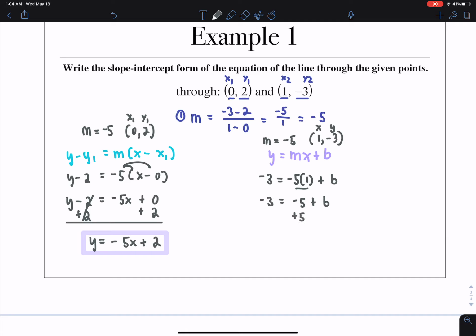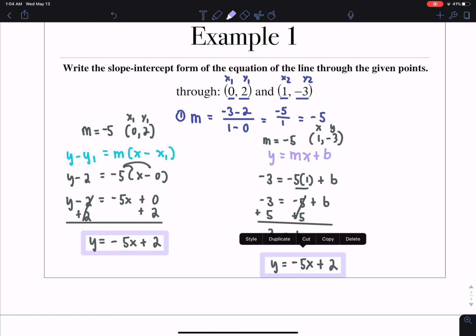And then add 5 to both sides. So b is going to equal 2, -3 plus 5. And then last step with this one, we have to write in slope-intercept form, so -5x plus our y-intercept, which is 2. Again, you can see we came up with our same graph.